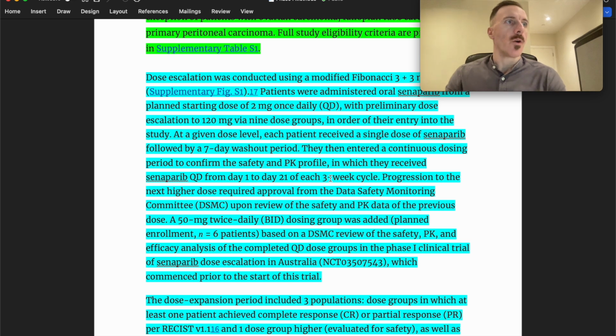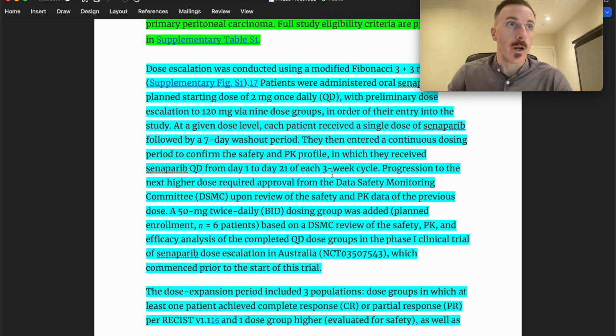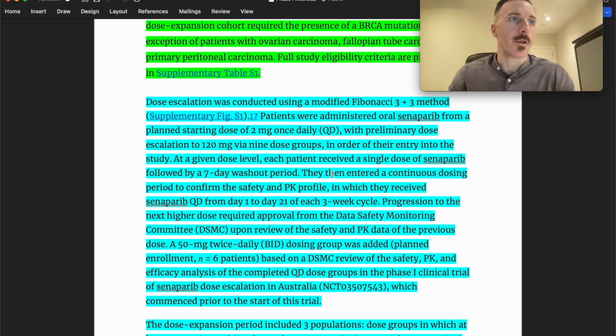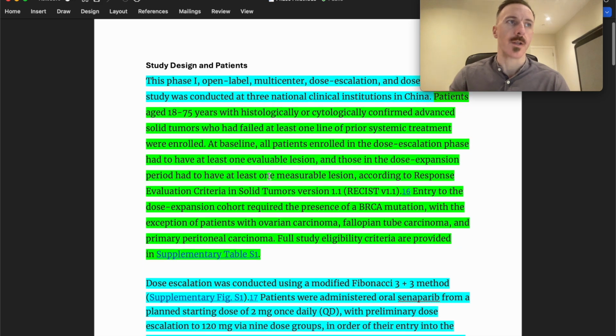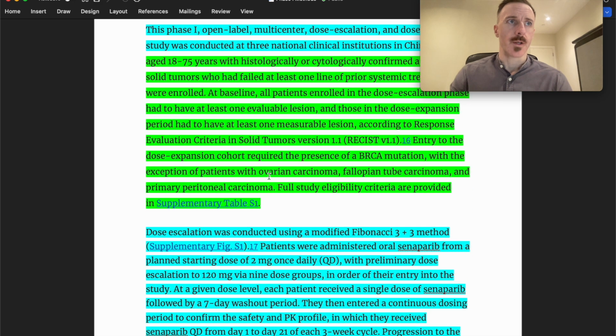This could be due to the journal guidelines regarding the structure of the paper, or it could be author preference with respect to the flow of the methods section. Another possibility is to separate the study design and patient eligibility criteria into distinct subsections. But as the title of this subsection is study design in patients, I think it's fine with respect to the story, it makes sense. So let's have a look at the study design.